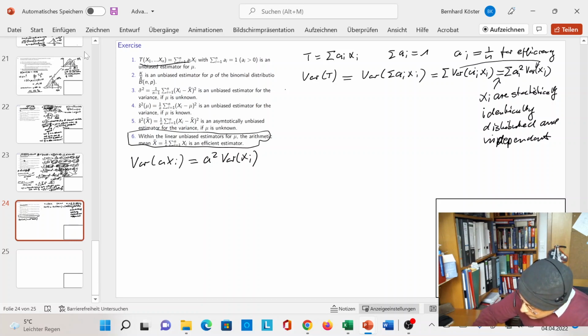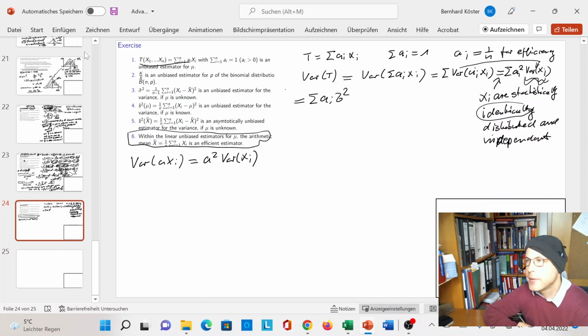So they all have the same variance. So we obtain sum a_i squared times sigma squared.